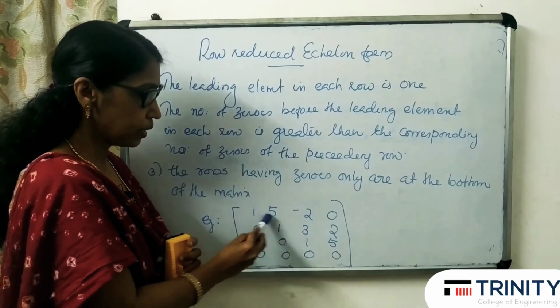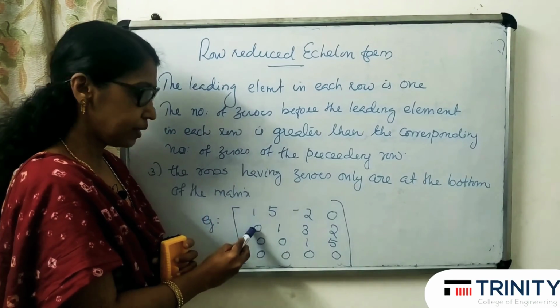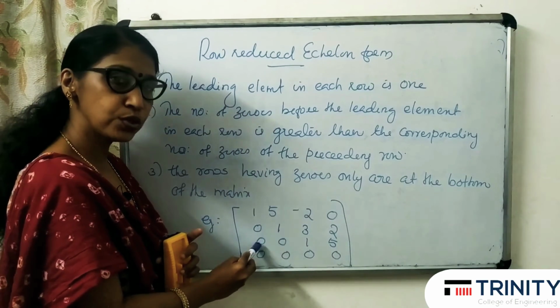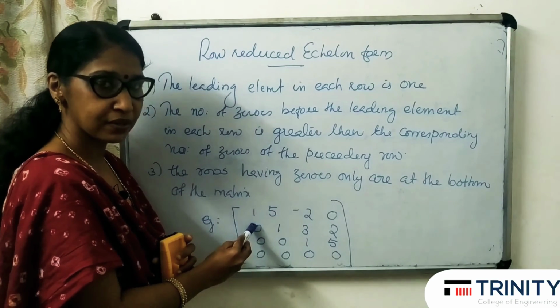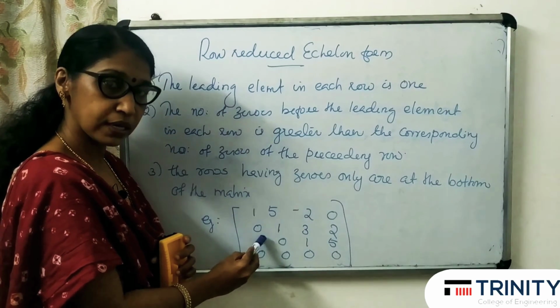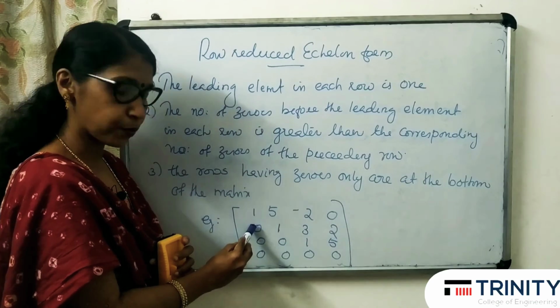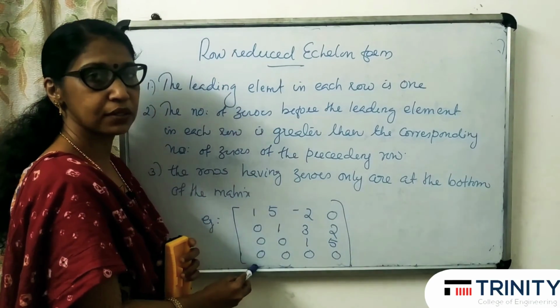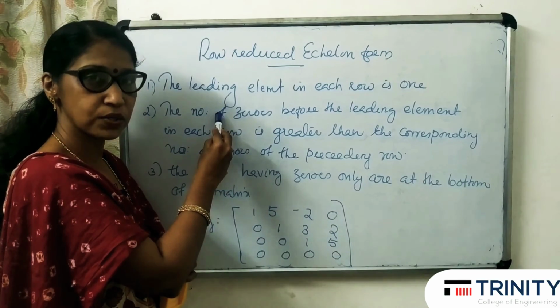The first row doesn't contain any zero. Here there is 1 zero. Coming to the third row, there are 2 zeros, which is greater than in the second row. And coming to the fourth row, 4 zeros. So the second condition is also satisfied.